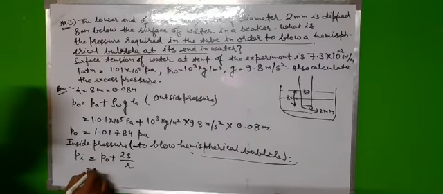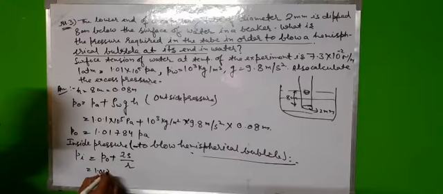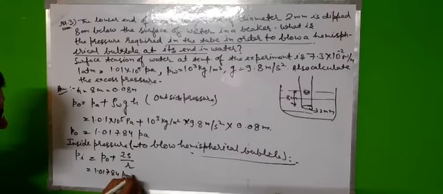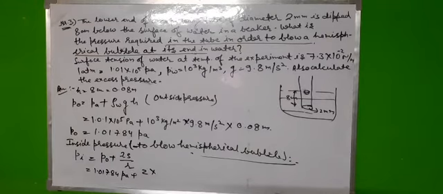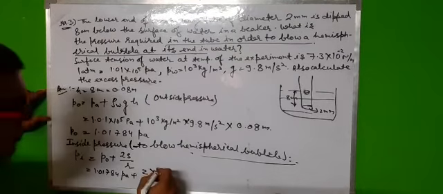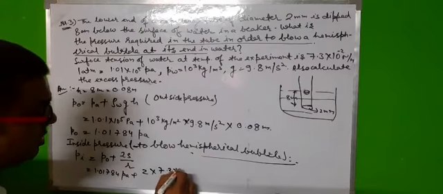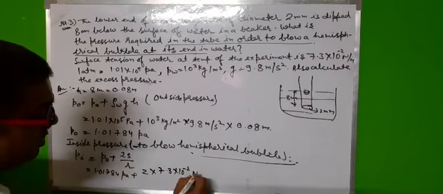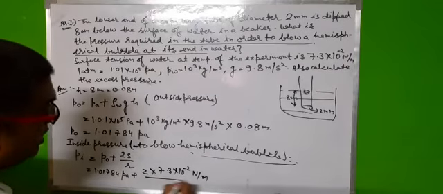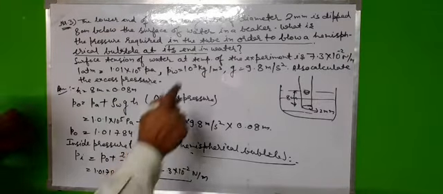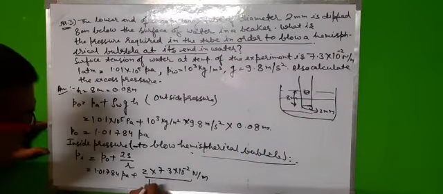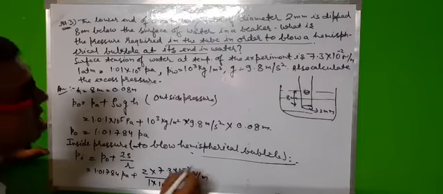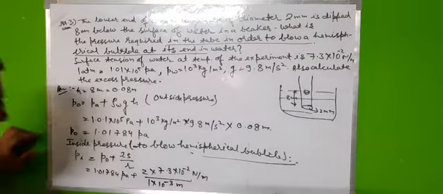P outside is 1.01784 into 10 to the power 5 Pascal plus 2 into S. Surface tension is given as 7.3 into 10 to the power minus 2 Newton per meter, and radius: diameter is given as 2 millimeter, means radius is 1 into 10 to the power minus 3 meter.